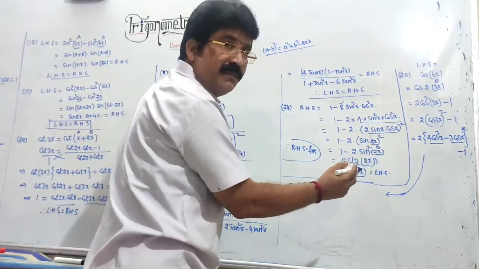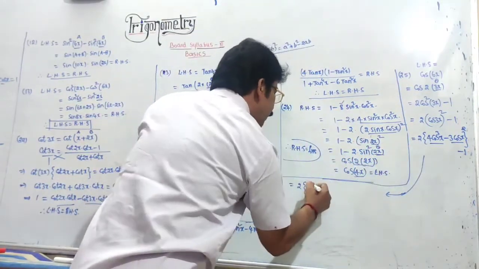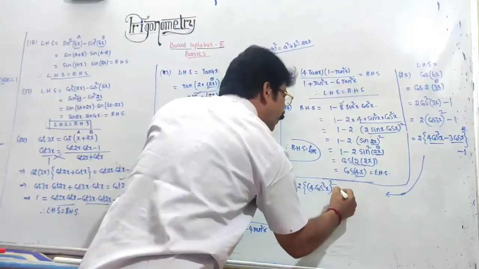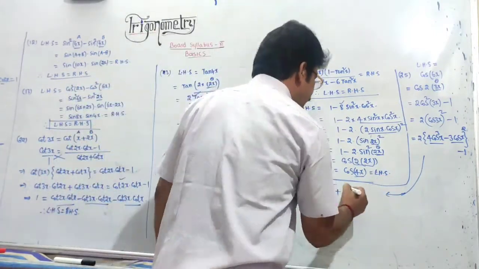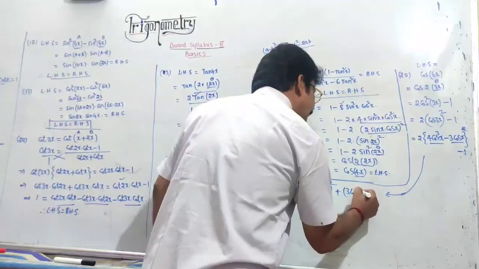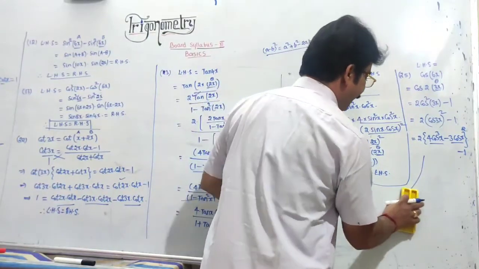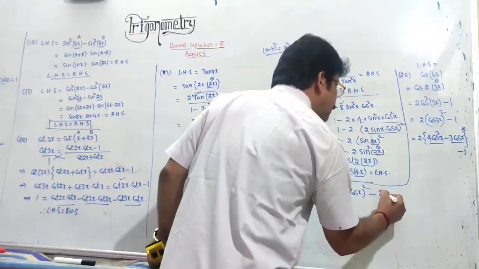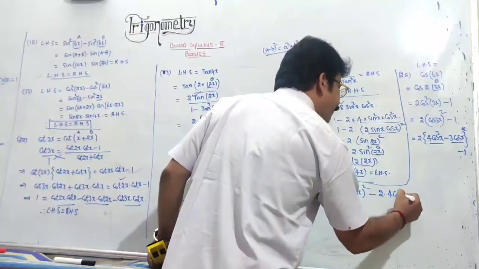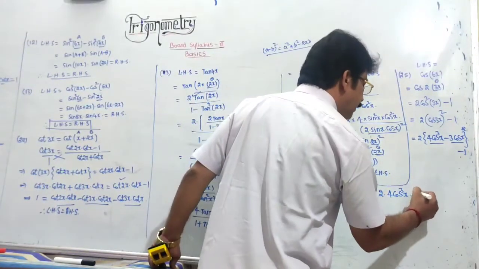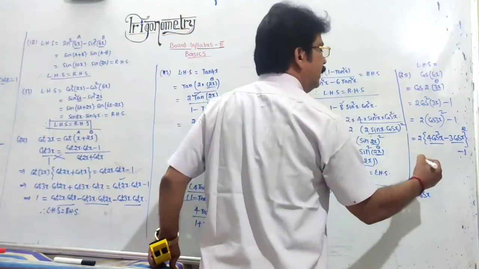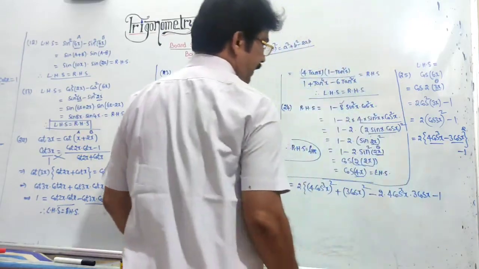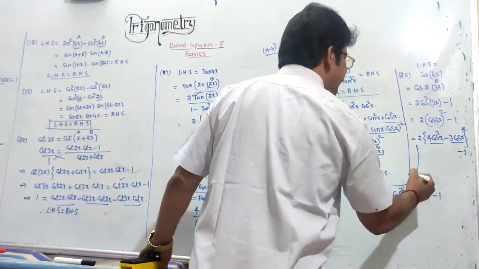So a square means 4 cos cubed x whole square, plus b square, 3 cos x whole square, minus 2ab, where this is a and this is b, and lastly minus 1. Understand? So this is the step.